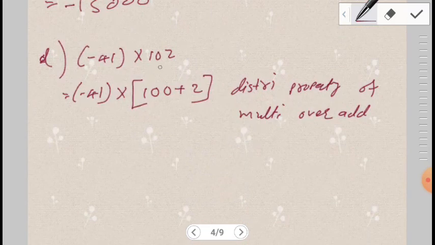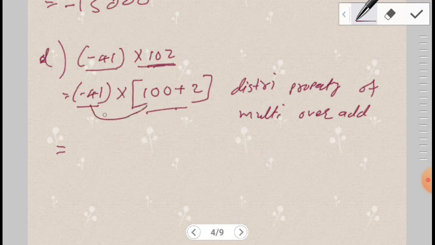Here 41 multiplied by 102, so we can simply multiply these both numbers, or we can say which property we will use here. So we have made here a sum of change. That means minus 41 as it is, and 102 we will have in two parts, 100 plus 2 also becomes 102. So minus 41 distributed over 100 and 2, that means minus 41 multiplied by 100, so it becomes minus 4100.